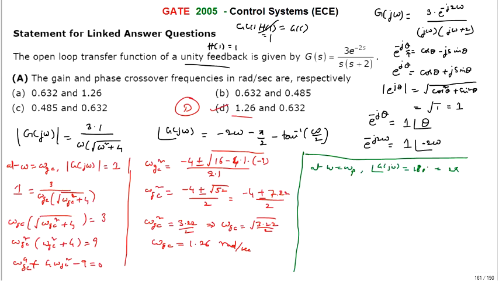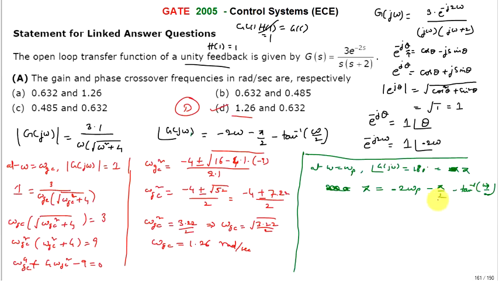Pi is equal to minus 2 omega p minus pi by 2 minus tan inverse of omega p by 2.